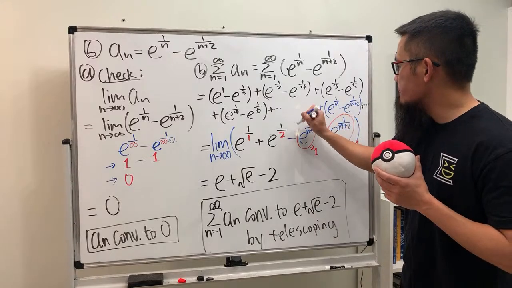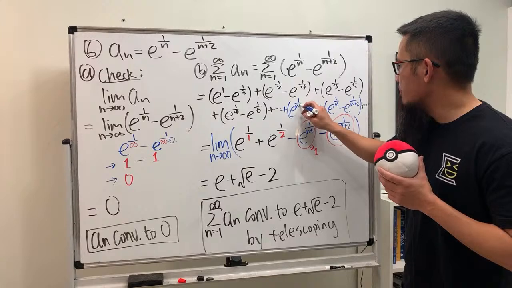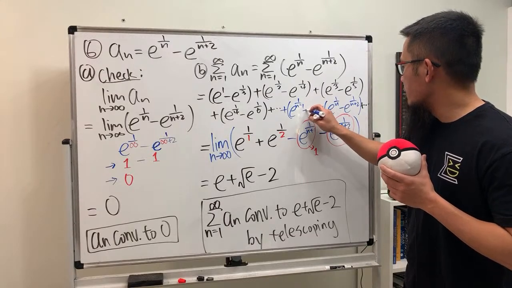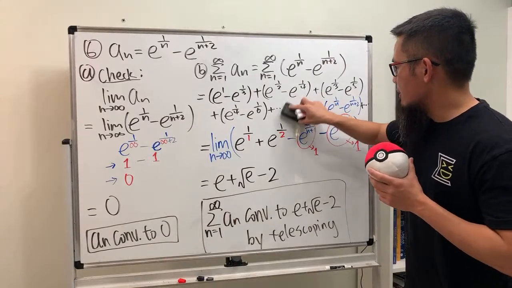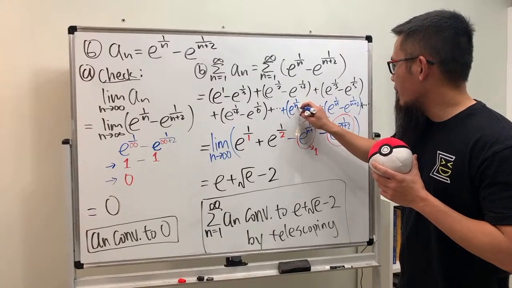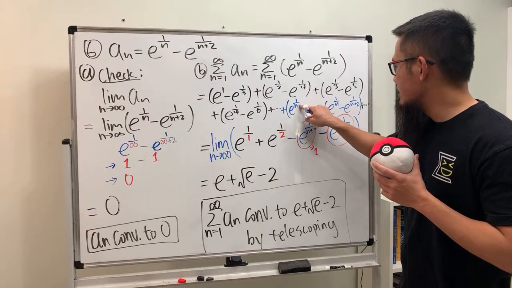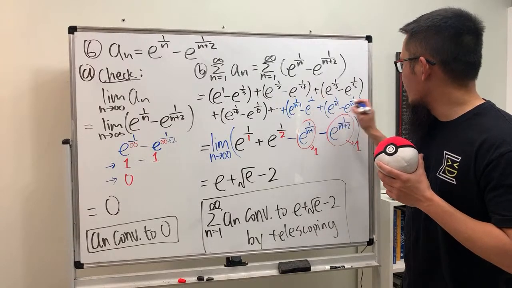So we get e to the 1 over n minus 1, and then minus e to the 1 over n plus 1.